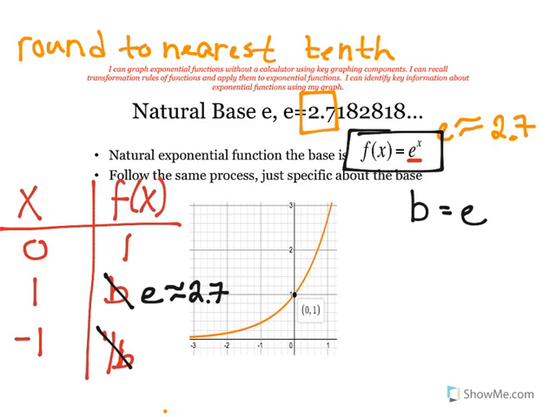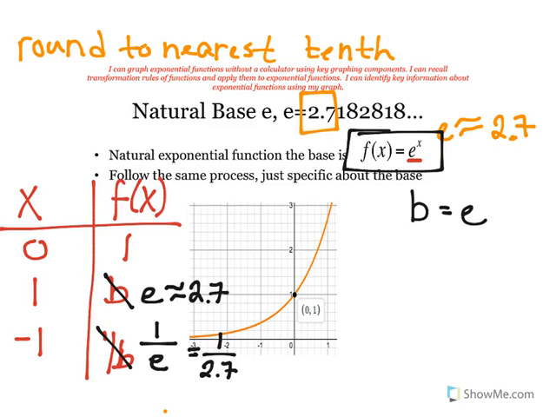Well, 1 over b, 1 over your base, that would be 1 over e, or 1 divided by 2.7. Now, since you aren't technically supposed to use your calculators, I'm going to tell you what that is, and you need to use that number. You are going to have to memorize that number. It's not going to be given to you. You're not going to have it on a cheat sheet unless you are cheating.